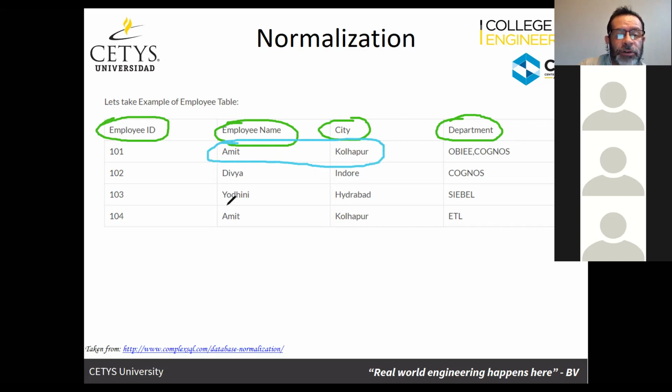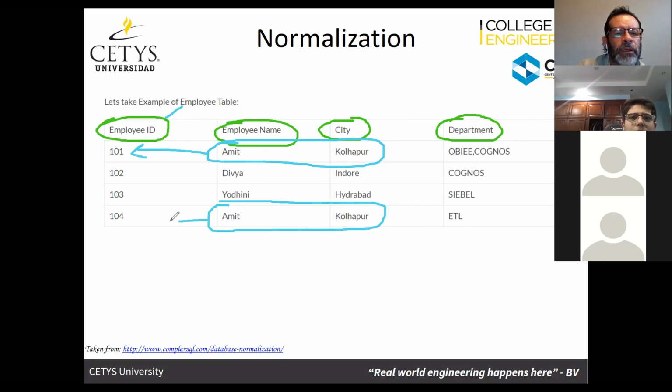What's the problem with Amit Kolhapur being repeated if we're using employee ID as the primary key? The person has 2 IDs. That's going to be a problem, because who is Amit Kolhapur?